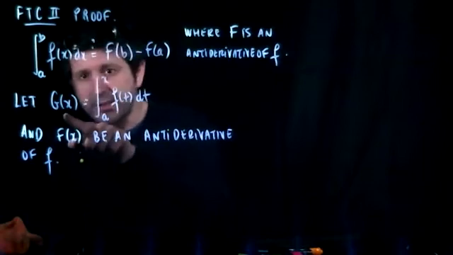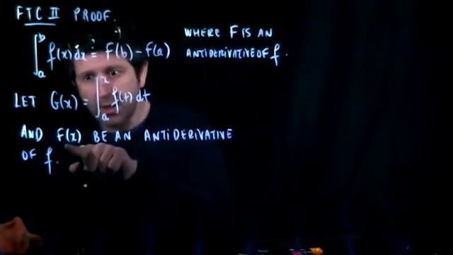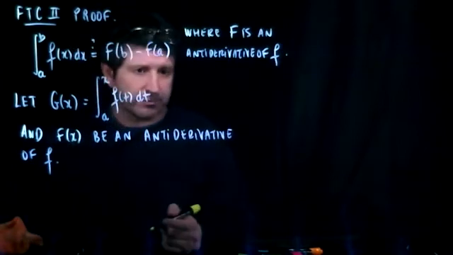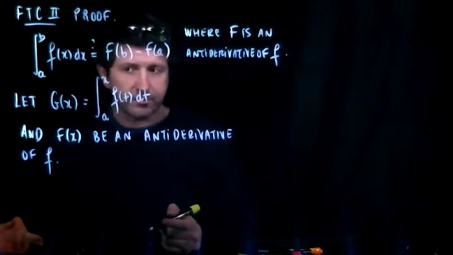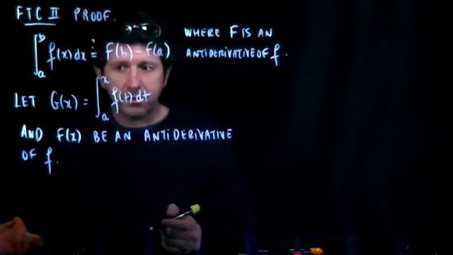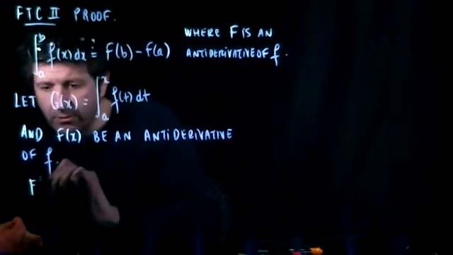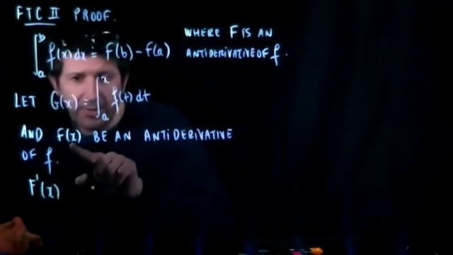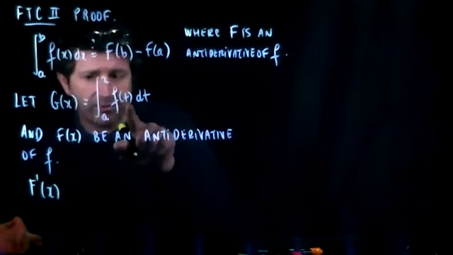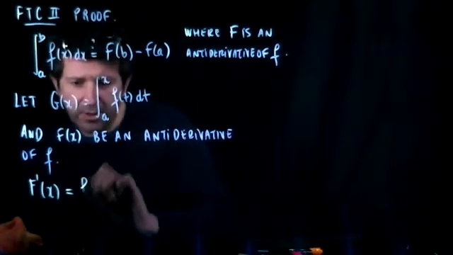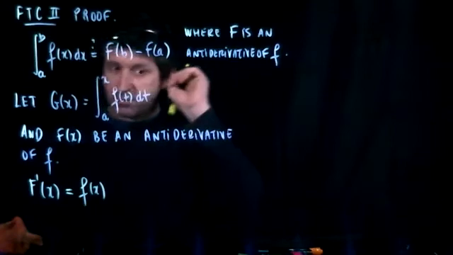So G is the area and big F is the antiderivative. First thing, since big F is an antiderivative of f, big F prime is actually small f. That's what it means.